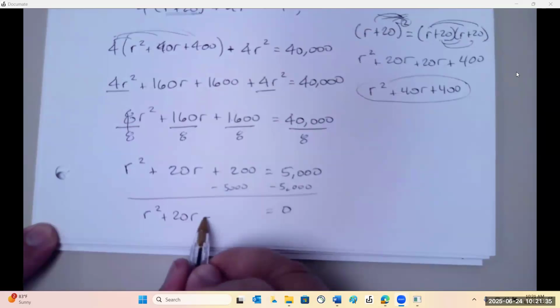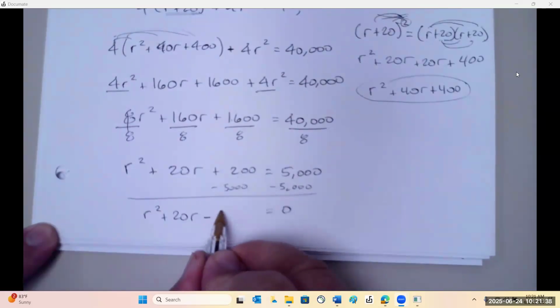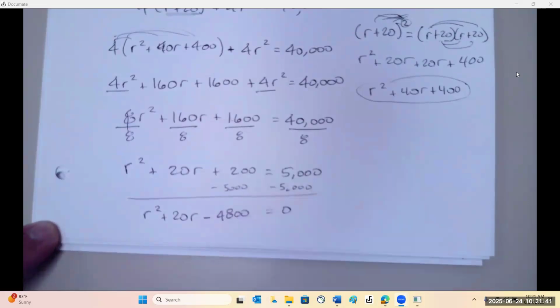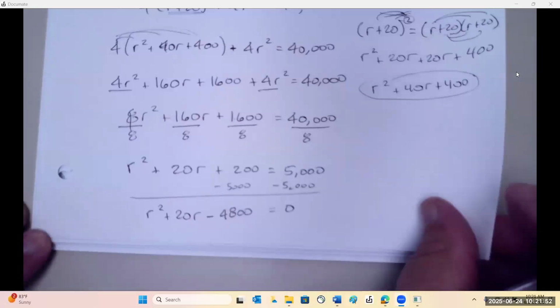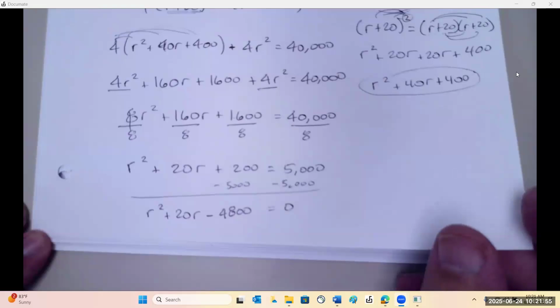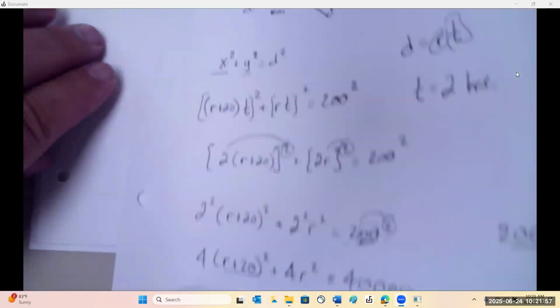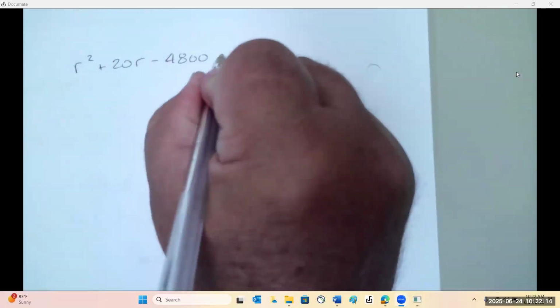Since 5,000 is bigger, it's negative. 5,000 minus 200 is 4,800. So we have R squared plus 20R minus 4,800 equals 0.